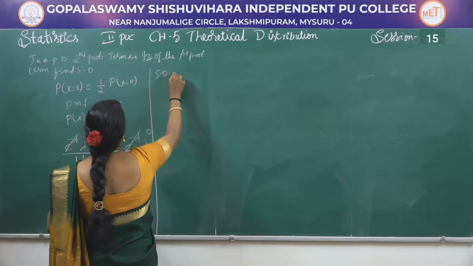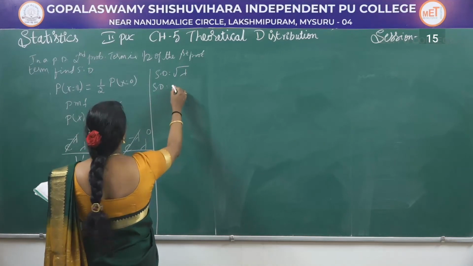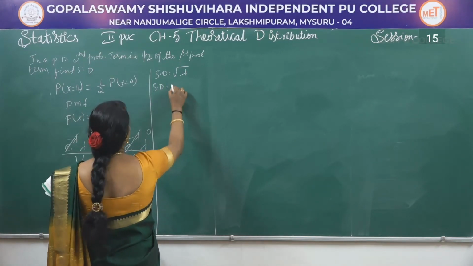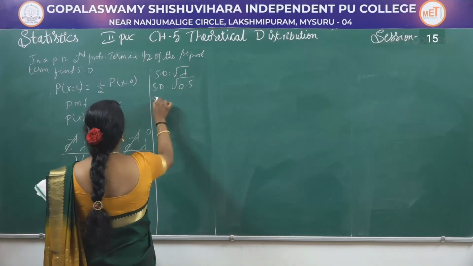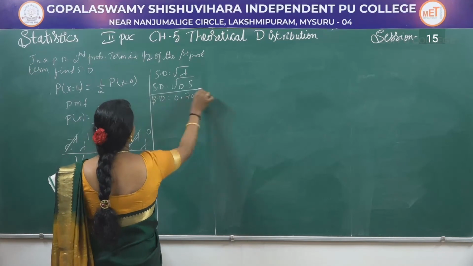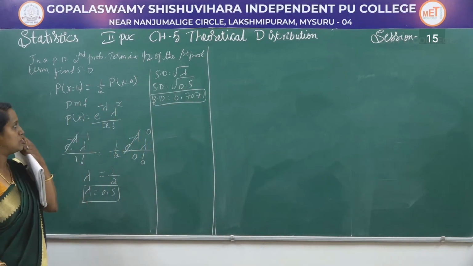Standard deviation is equal to square root of lambda. So standard deviation is square root of 0.5, which is 0.7071. So we have calculated the standard deviation also.